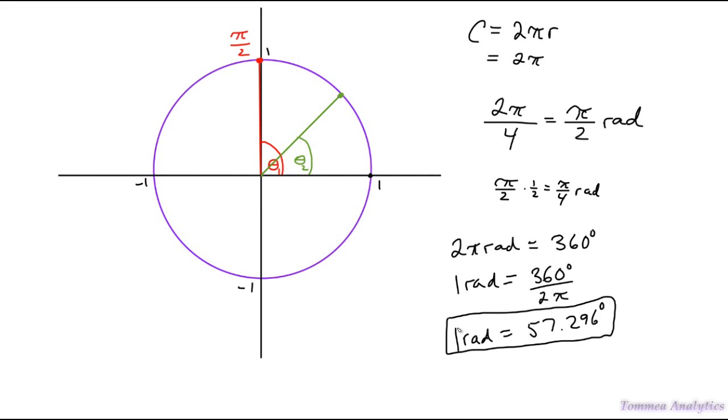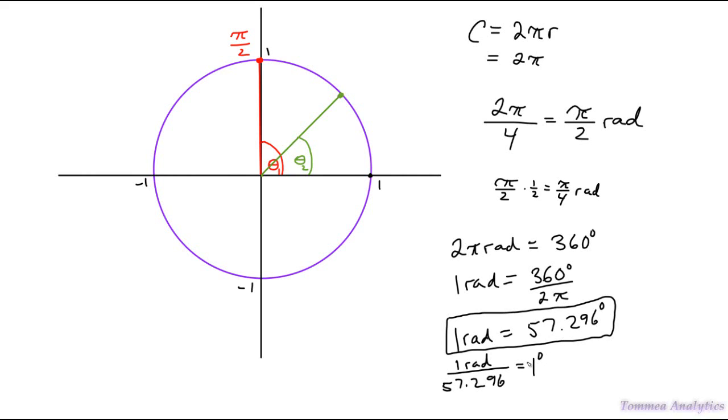Now we can also find what 1 degree is equal to from this equation that we just found. To do that, we just divide both sides by 57.296, and it looks like this. We just take 1 radian, divide by 57.296, which is equal to 1 degree, because 57.296 divided by 57.296 is equal to 1.